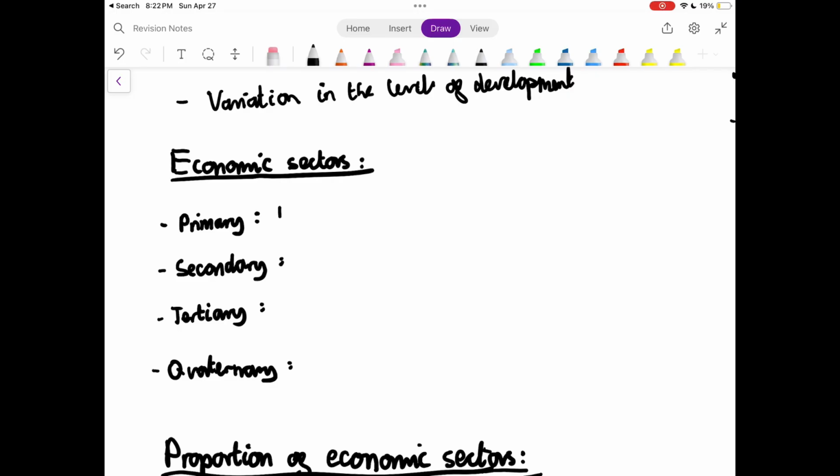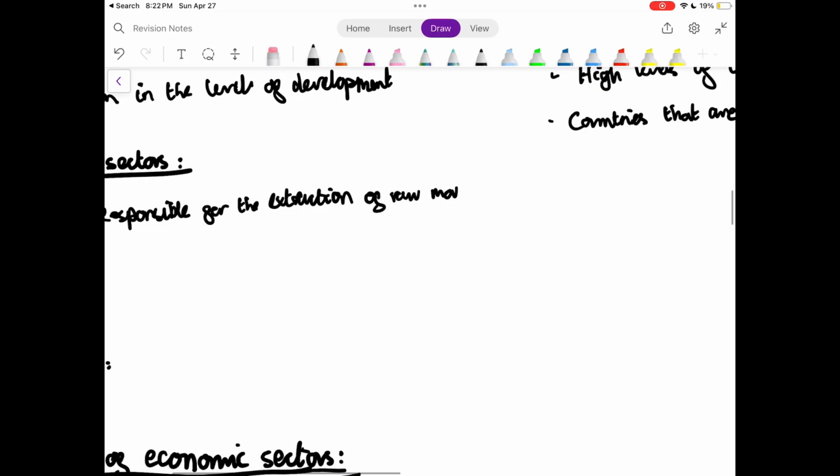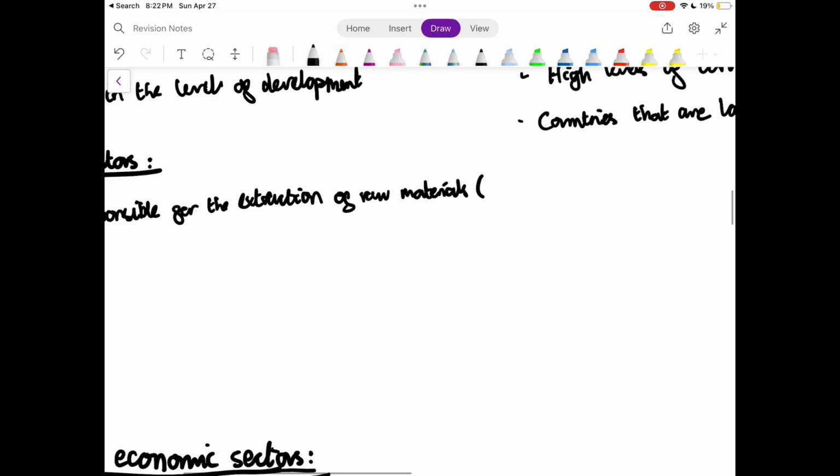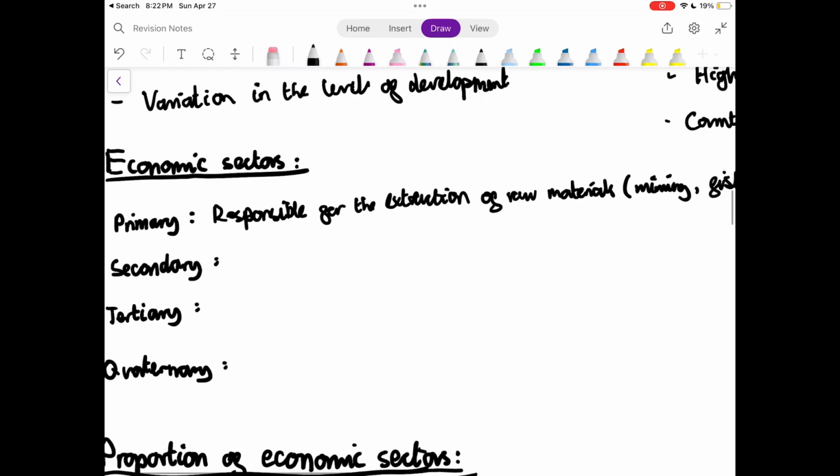Primary is responsible for the extraction of raw materials, and this can be in the form of mining, fishing. These are examples of jobs that people would do in the primary industries.